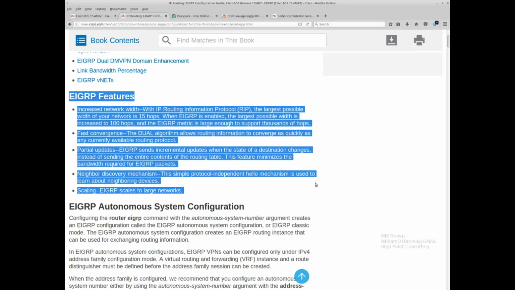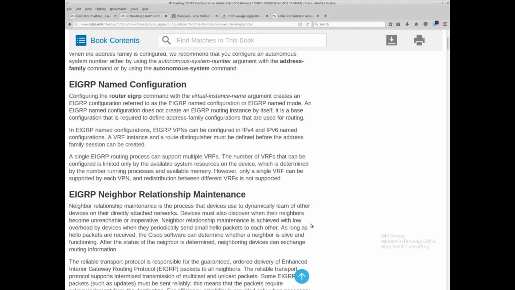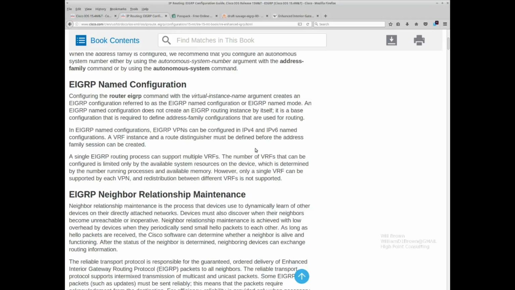It uses that autonomous system number. I'm just going to scroll through. EIGRP named mode works really cool. Instead of using an autonomous system number, there's a name assigned to the instance, and that brings in address families, which we'll be using when we're running EIGRP for IPv4 and IPv6 in a stack.